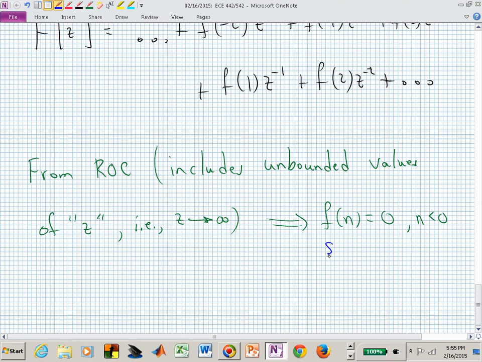What does this correspond to if, in fact, f of n is not equal to 0 for n non-negative? Causal or anti-causal?